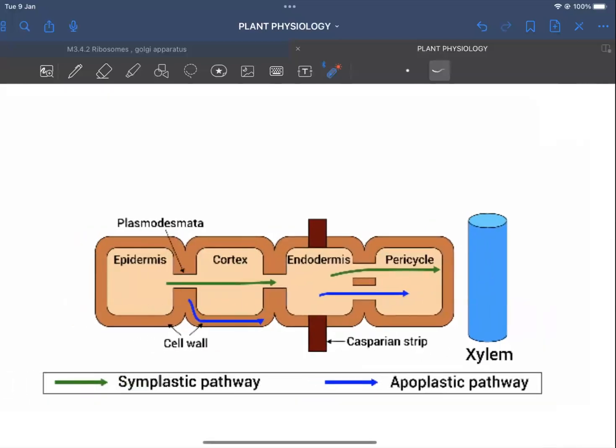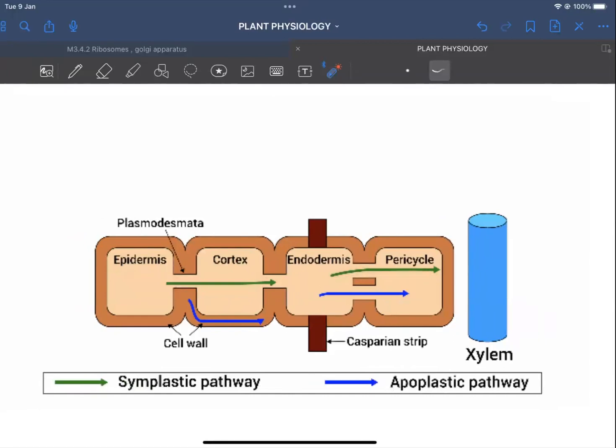Remember the symplastic and the apoplastic. There's a plasmodesmata, which is the opening between one cell and another, where the water can be transported directly through the plasmodesmata until it reaches the pericycle.